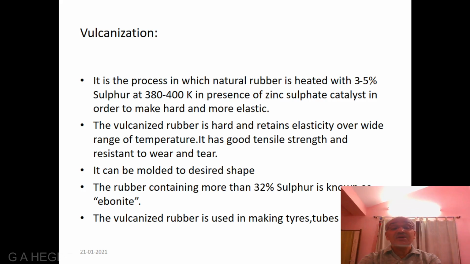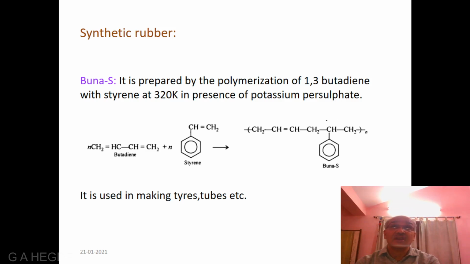The vulcanized rubber is hard and retains elasticity over a wide range of temperature. It has good tensile strength and is resistant to wear and tear. It can be molded to desired shape and size. The rubber containing more than 32% sulfur is known as ebonite. The vulcanized rubber is used in making tires, tubes, etc.